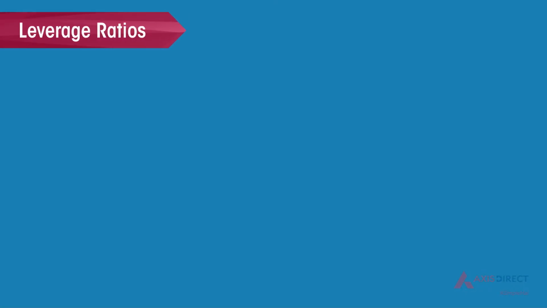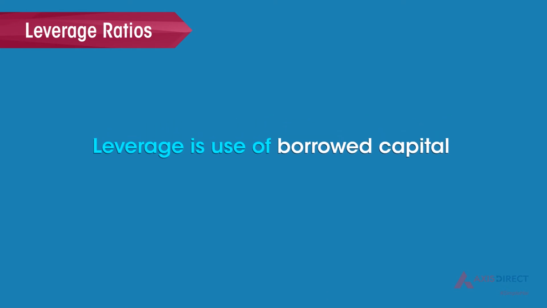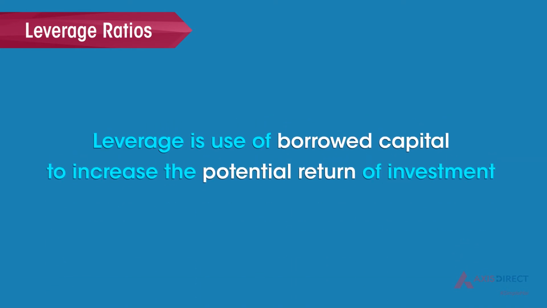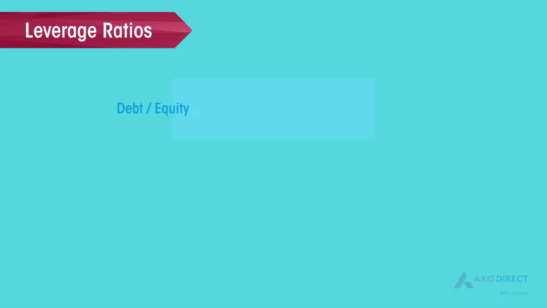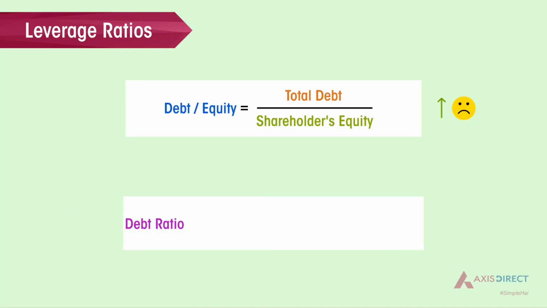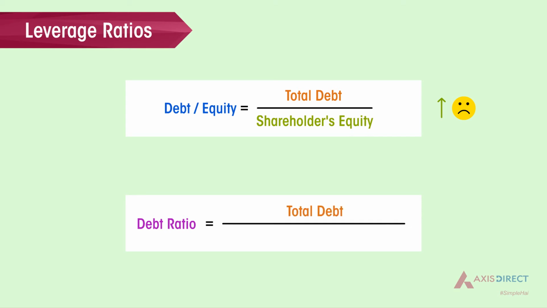Coming to leverage ratios. Leverage is use of borrowed capital to increase the potential return of investments. Debt-equity ratio. This ratio indicates how much debt has the company taken per every rupee of shareholders' money. Higher ratio indicates higher risk. Debt ratio. It represents the percentage of total assets that are financed by debt.